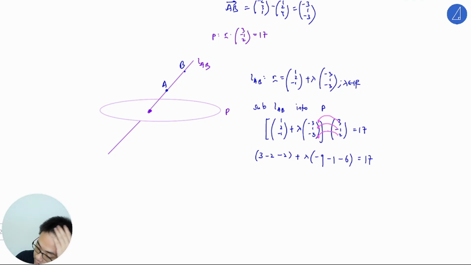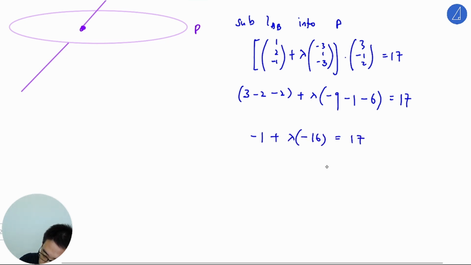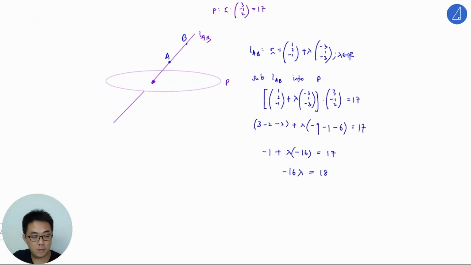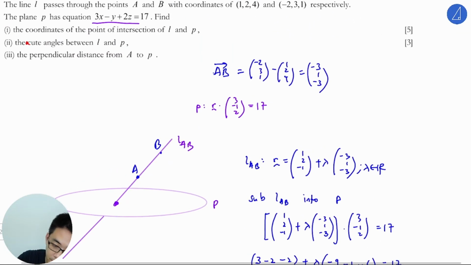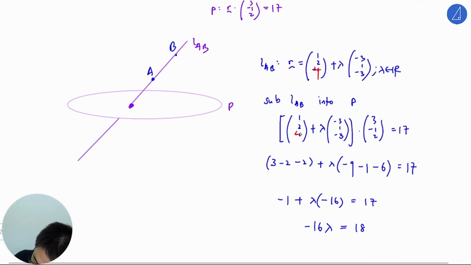So just remember that -9, -1, -6. So once done, you get it. This will be 3 minus 4 will be -1, -16. Copy wrongly. 1, 2, 4 here. So always check in between.